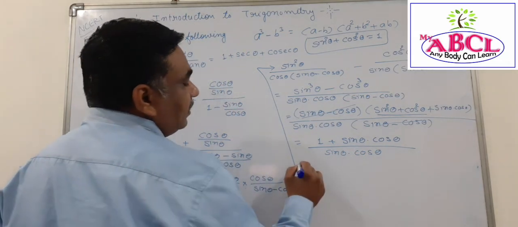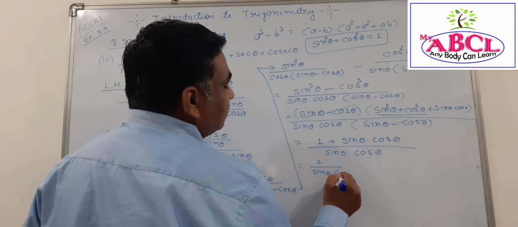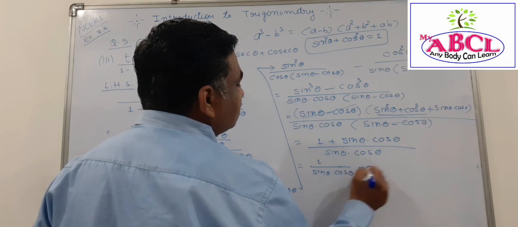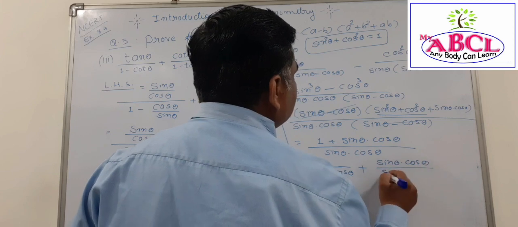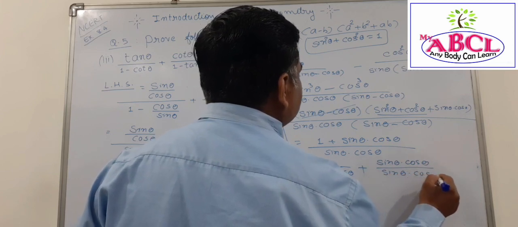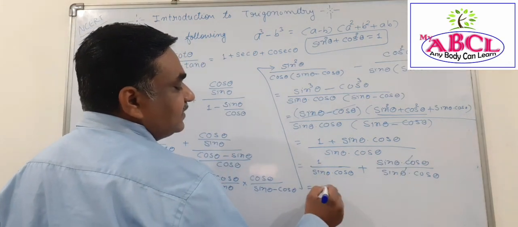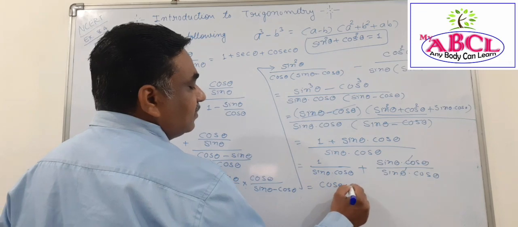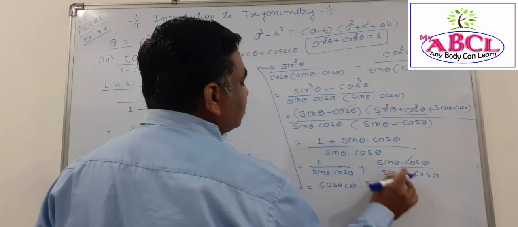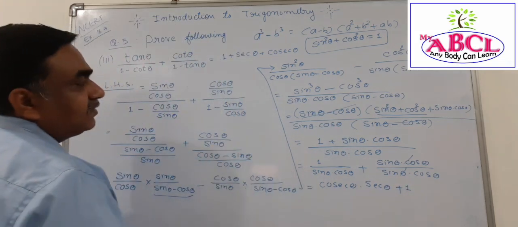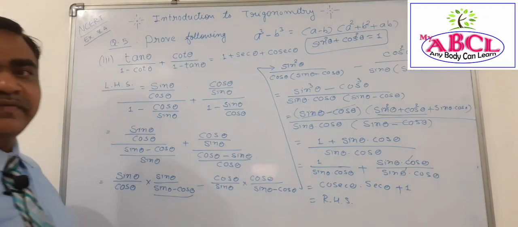So 1 upon sin theta into cos theta plus sin theta into cos theta upon sin theta into cos theta, and this will be nullified. Here 1 upon sin theta is cosec theta, 1 upon cos theta is sec theta, plus 1, which is our right hand side. Here we have proved it.